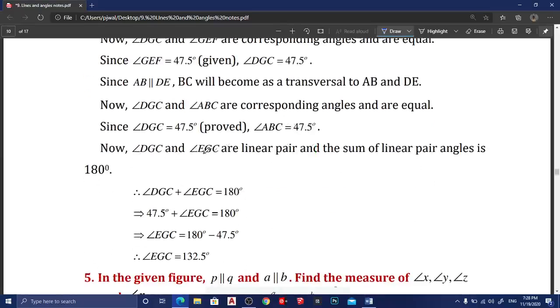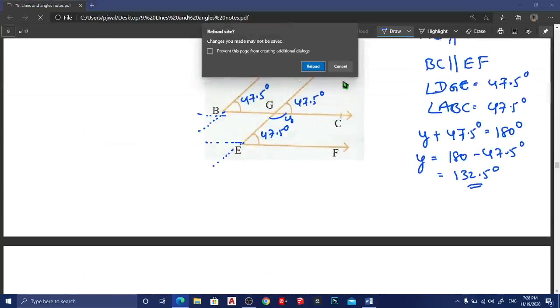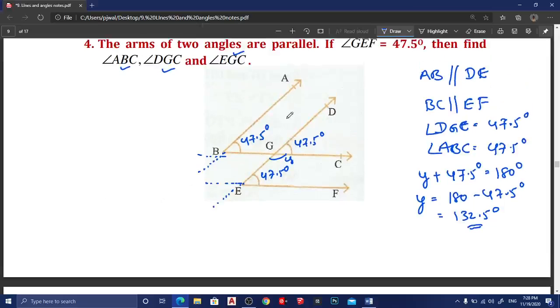So now angle DGC and angle EGC are a linear pair, and the sum of the linear pair angles is 180 degrees. Now we are taking the third one, angle EGC. If you observe here, DGC and EGC are a linear pair to each other.